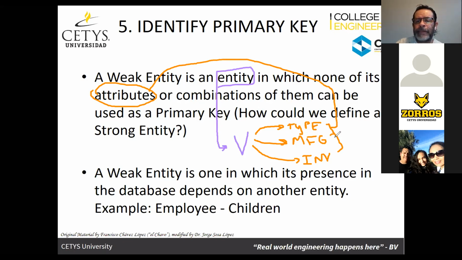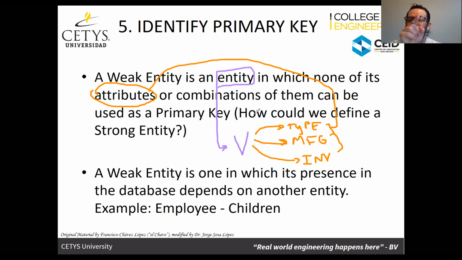As it is right now, this is a weak entity, right? Would you agree with that? Because there isn't an attribute of the ones I have defined that can clearly identify one instance of that entity from another. And so I need to probably add another attribute that might be a serial number.